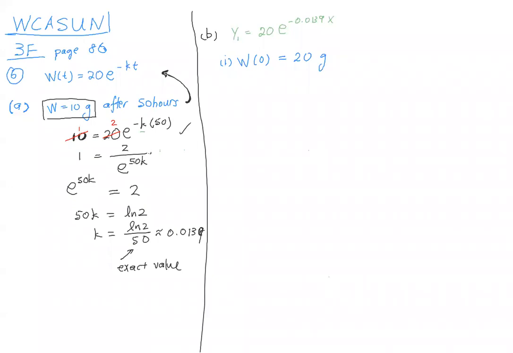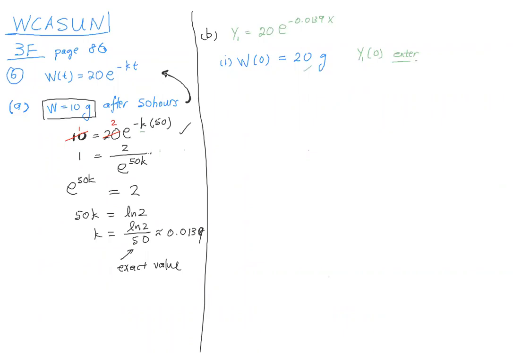Why 20? Because initially you substitute t as 0. Call out your graphic calculator Y1, put 0, then enter, and it comes up with this answer.